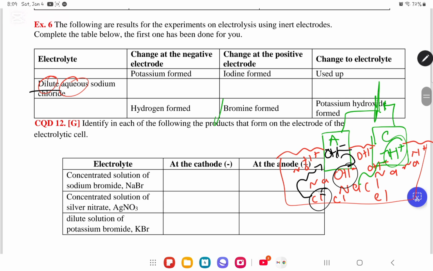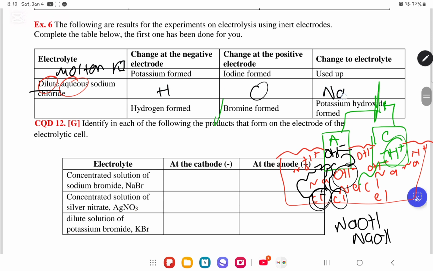But by the time the Cl is coming here, trying to join the anode, it is not able to, so it will go back to try and join with the Na, but instead the Na would have already joined with the remaining OH, so we are left with NaOH. So here this was molten KI, here this was hydrogen, oxygen, and then it will form NaOH.